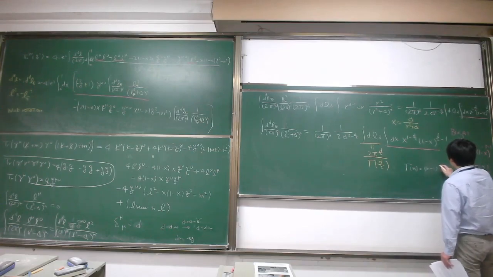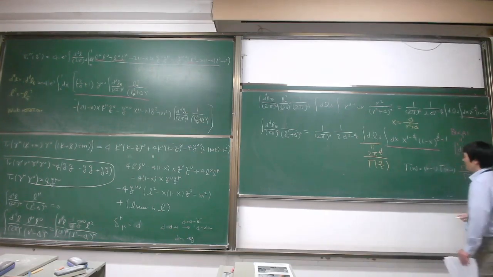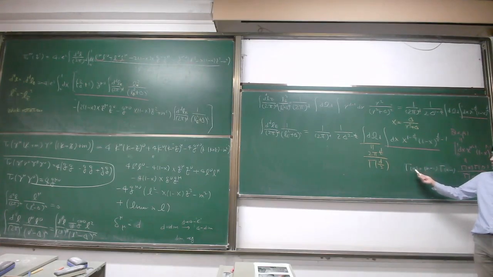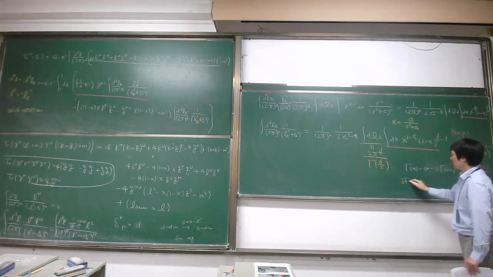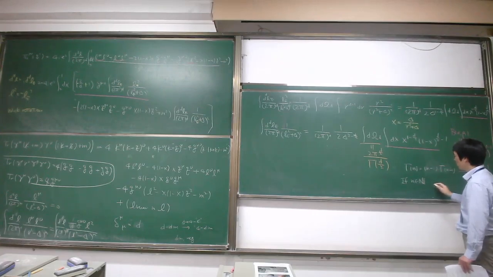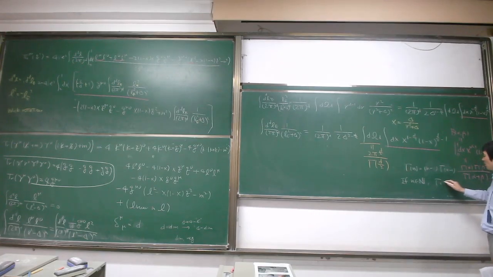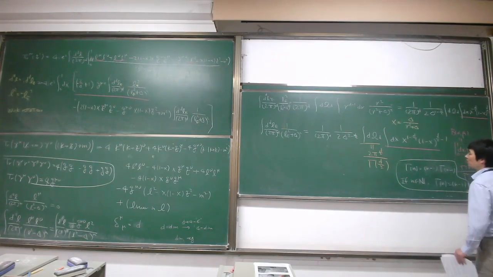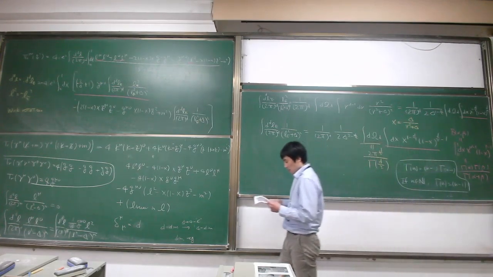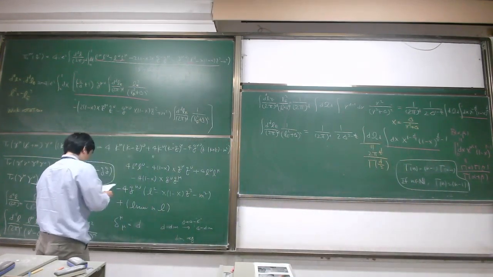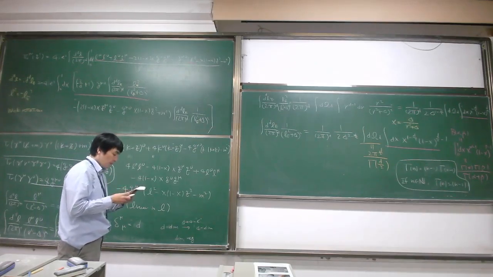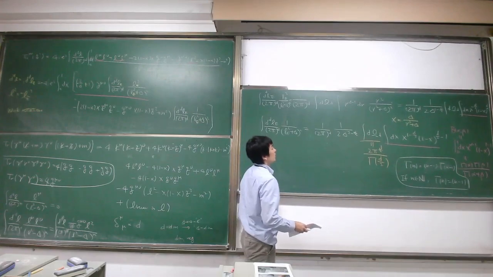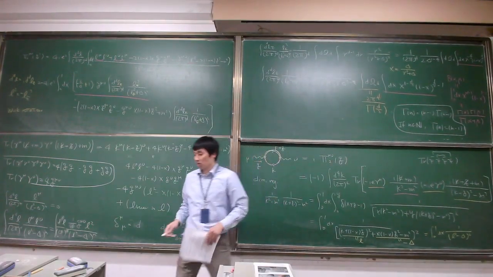So you have to use this relation: if n is a natural number, then gamma n is n minus 1 factorial. Is it okay? So then you have to use this. Okay, so then if you use this property, continue.